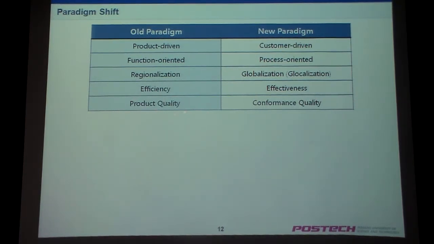And product quality. When you check the quality of your production, normally product quality is important. So if you produce a car, people ask, is it strong enough, or is it free from any maintenance work? Does it go hundreds of thousands of miles without any trouble?